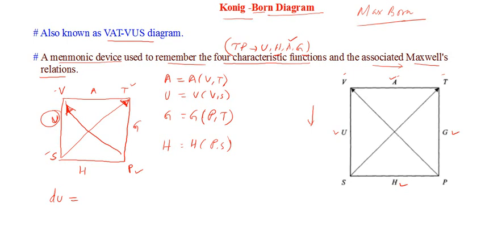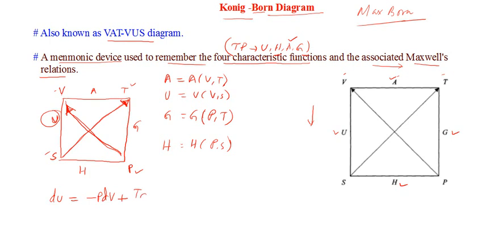U has got V and S, so you have to write one term like this and another like this. So I'll be writing minus P dV, just see how I'm getting, plus T dS.